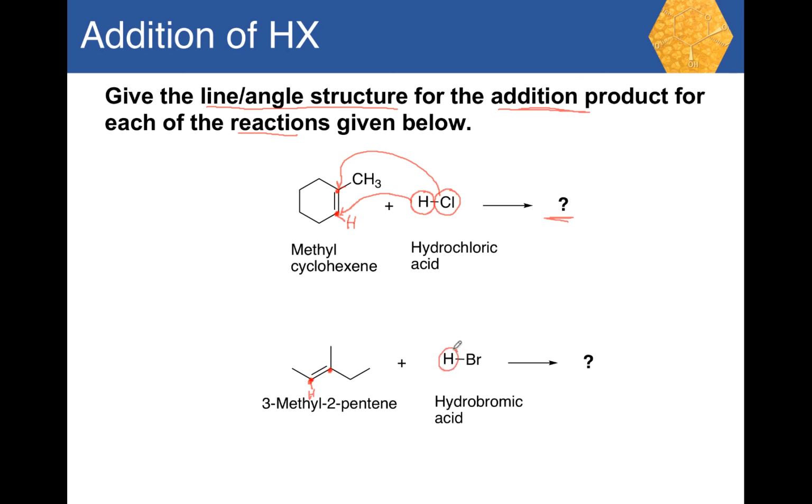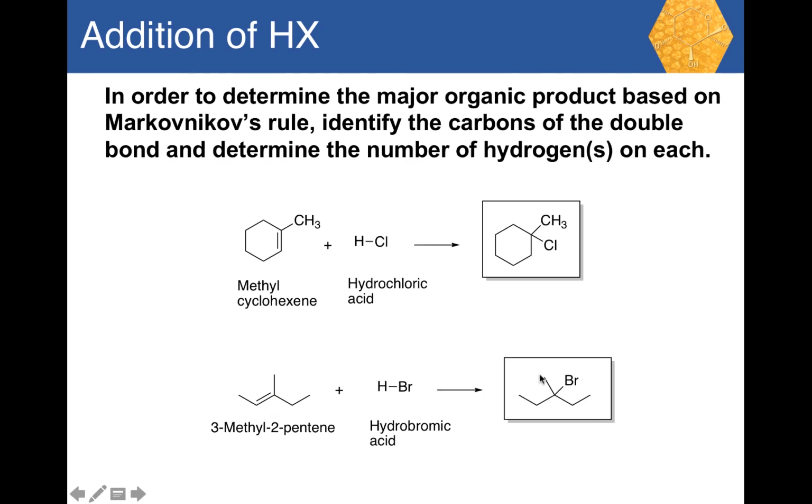So we'd expect this hydrogen to add here, and we'd expect this bromine to add over here to give the major product. So let's look and see what the major products are. As you can tell, the chlorine will add to the carbon with the least number of hydrogens based on Markovnikov's Rule, and the hydrogen will add to the carbon which has the most number of hydrogens, in this case just one, to give this as the product.